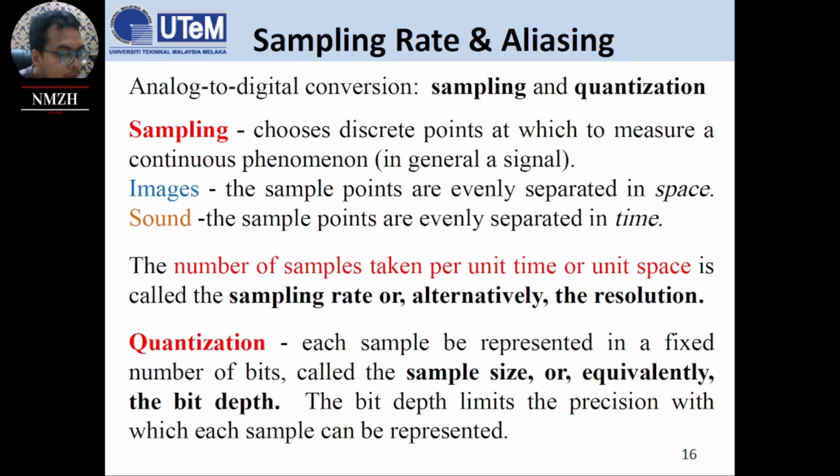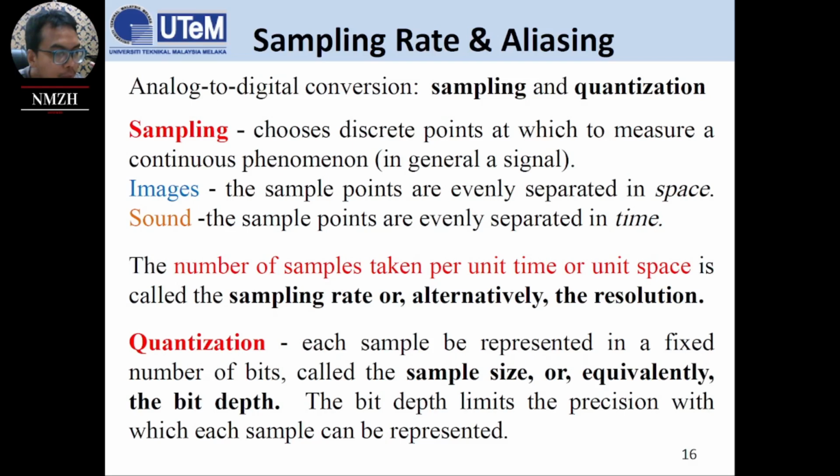Each sample could be represented in a fixed number of bytes called the sample size. Now I would like you to take note. In sampling, we have the sampling rate, while quantization does not have a quantization rate. We have sample size. I hope you guys can remember it.